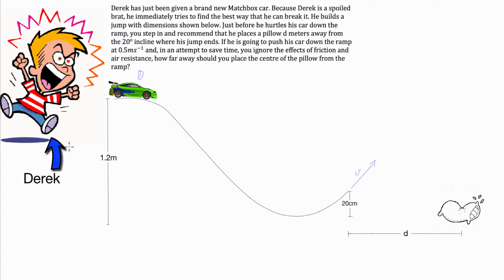So we'll start down here, number 1, and say his total energy at the top of the ramp is going to be equal to his kinetic energy plus the car's potential energy.